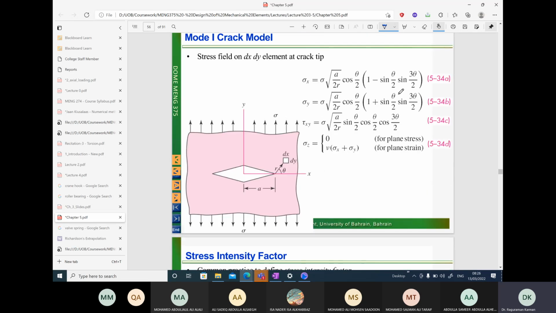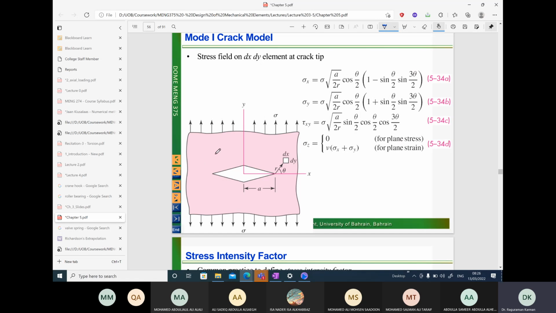Again here some formulas are provided. Now we cannot go into the derivation of these formulas because you will need an advanced course on linear elasticity to derive all these equations. Take it for granted. All these formulas you have to take it for granted.